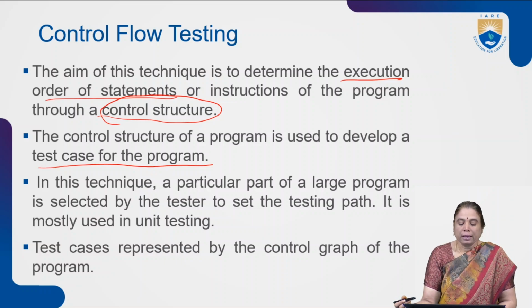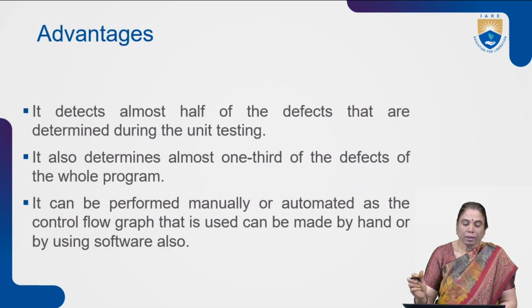In this technique, a particular part of a large program is selected by the tester to test the testing path. It is mostly used in unit testing. Test cases are represented by the control flow graph of the program. The advantage of control flow testing is that it detects almost half of the defects that are determined during unit testing.